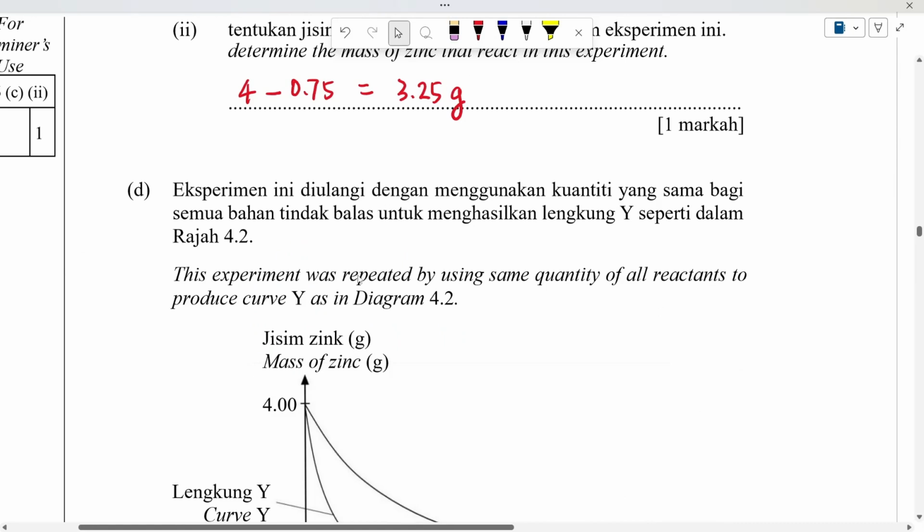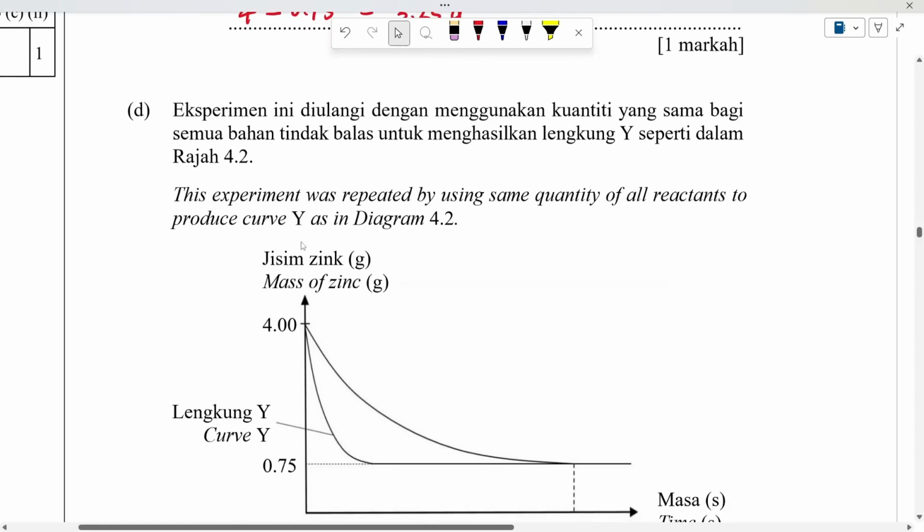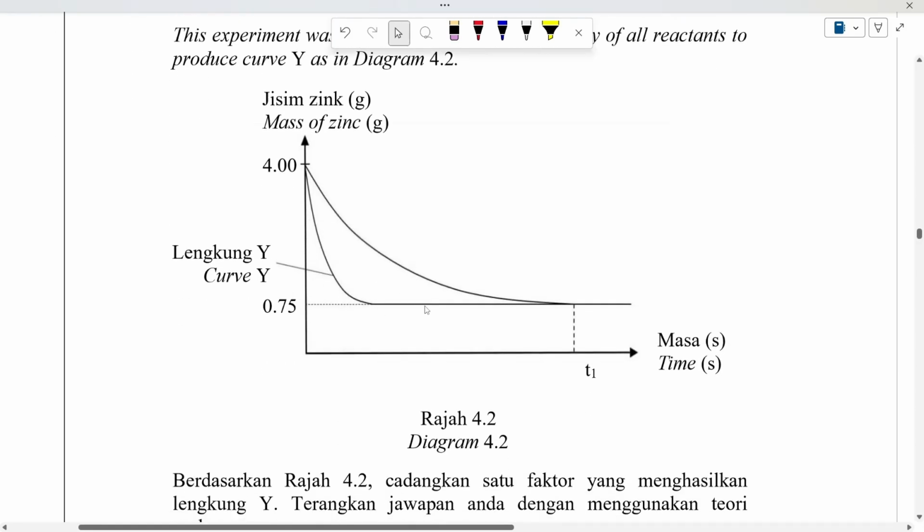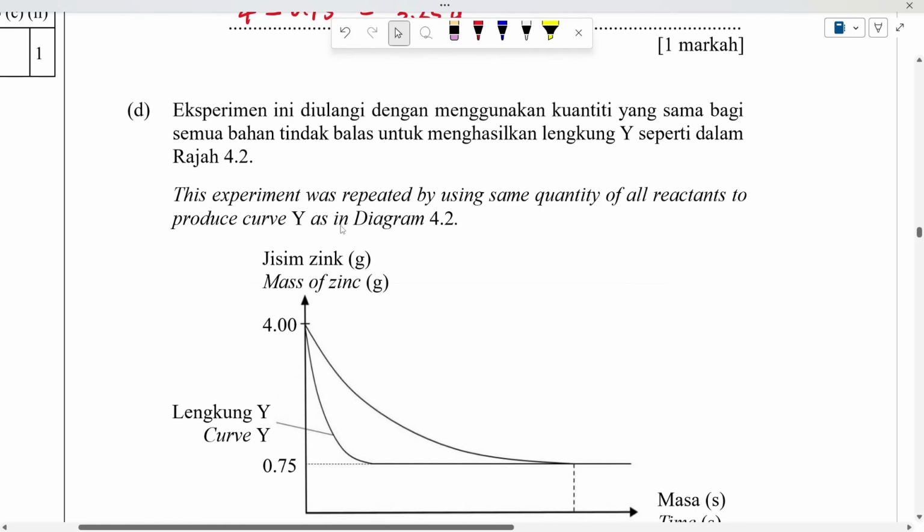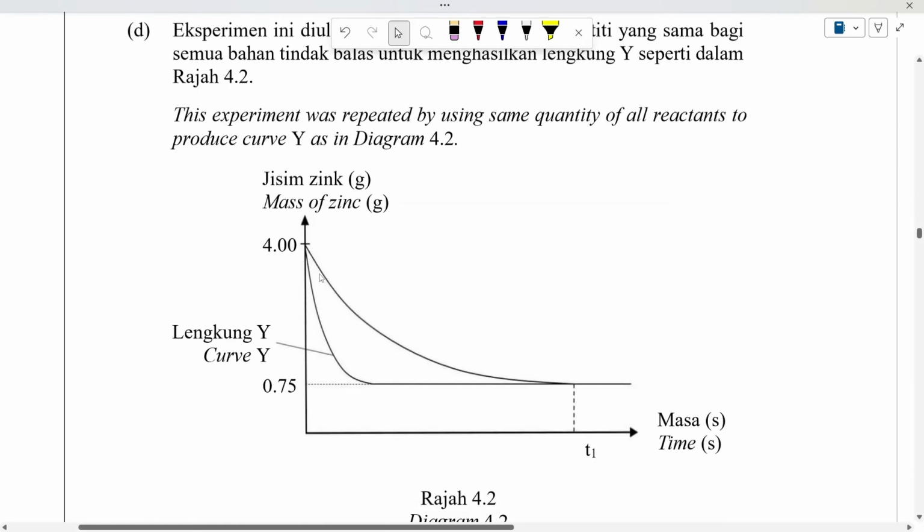Now, this experiment was repeated by using the same quantity of all reactants to produce a curve Y. Initially it is like this one. Now curve Y, class: does it have a higher rate of reaction or a lower rate of reaction?